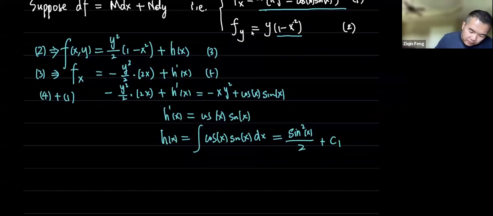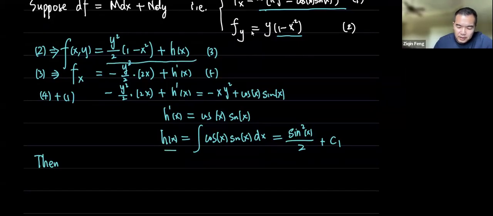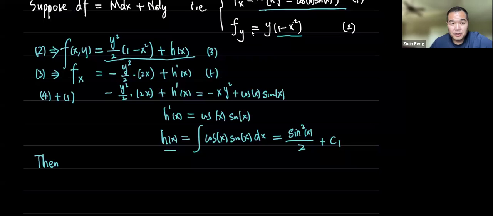So then we get a function. So c1 can be anything. We choose c1 to be 0 for sure, right? Easier one. With c1 equal to 0, we plug h back into here. We get a particular function whose differential is basically the exact differential, right?